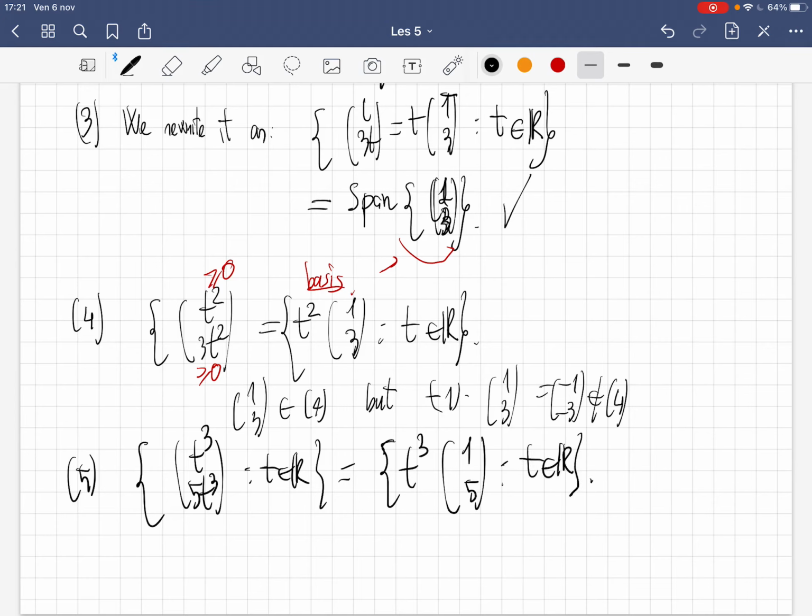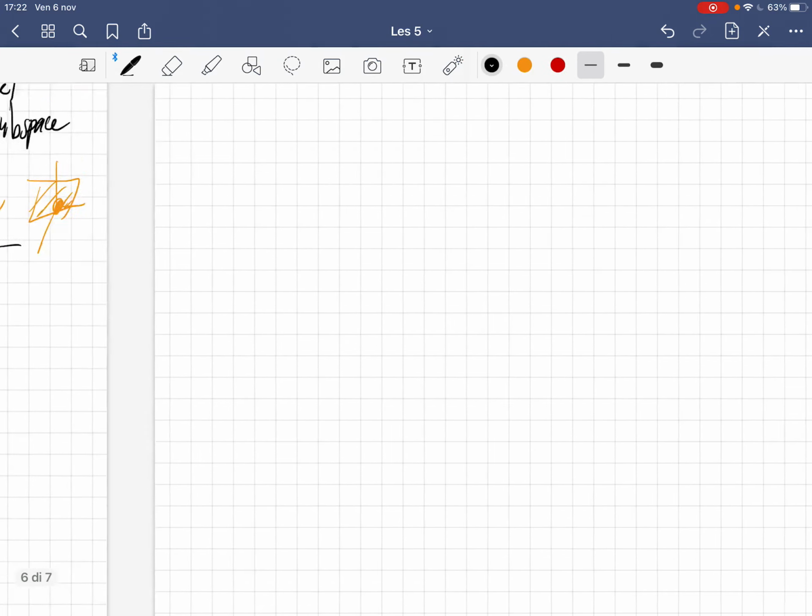And here what is the point? The cube function does not have the problem of the square function. So indeed, when t runs through all real numbers, then the same is true for t cubed.